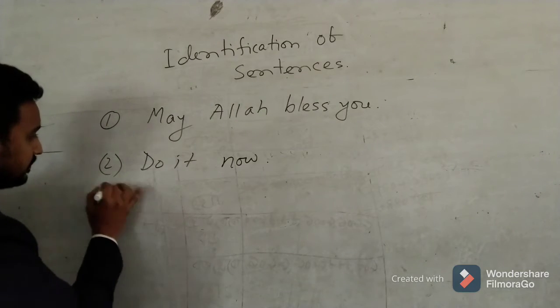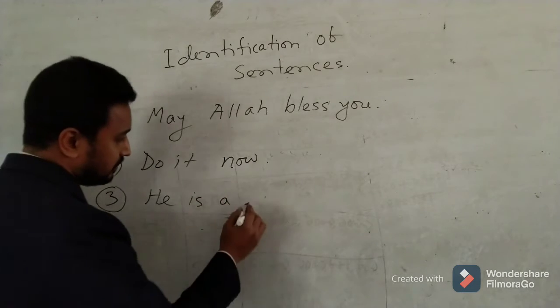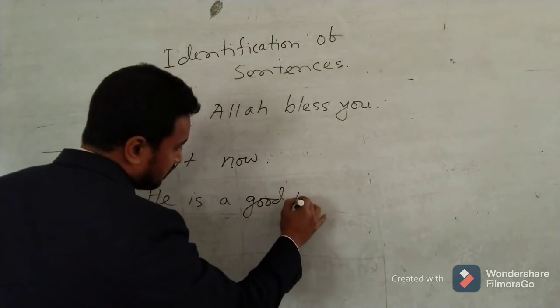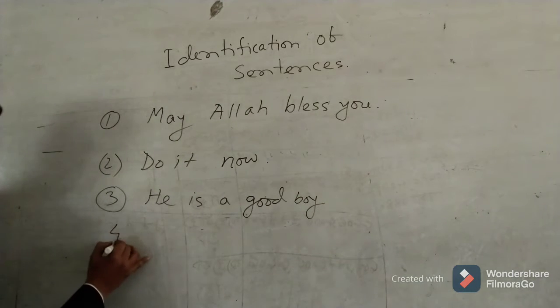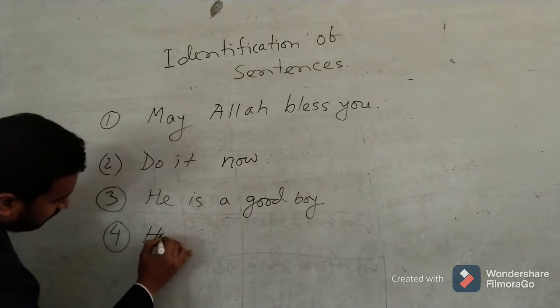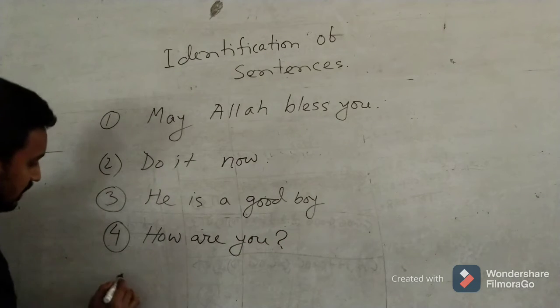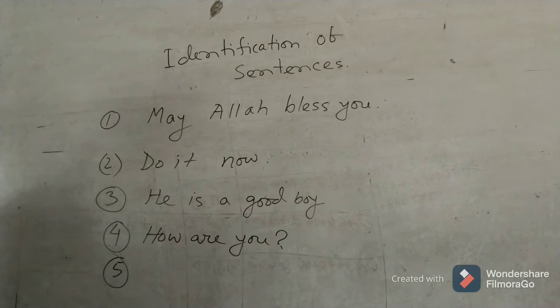The third sentence, he is a good boy. Fourth sentence, how are you? My last sentence, okay, I think we need to give more space. So, how are you? May Allah bless you. Do it now. He is a good boy. How are you? You can see.